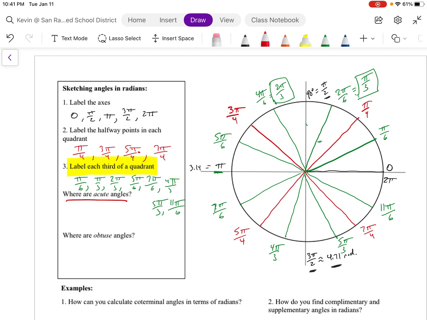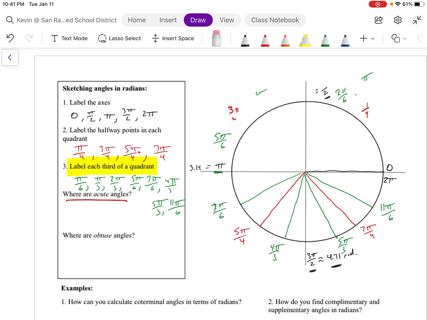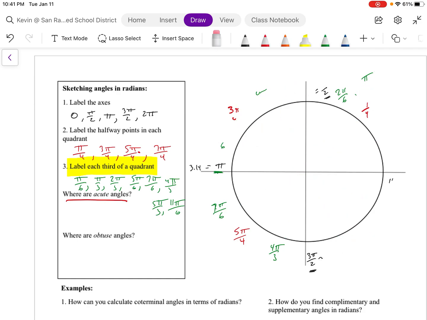Where are the acute angles? Well, let's clean this up. Where would our acute angles be? Well, again, an acute angle is between 0 and 90 degrees, or between 0 and pi over 2. So any angle here is going to be acute.